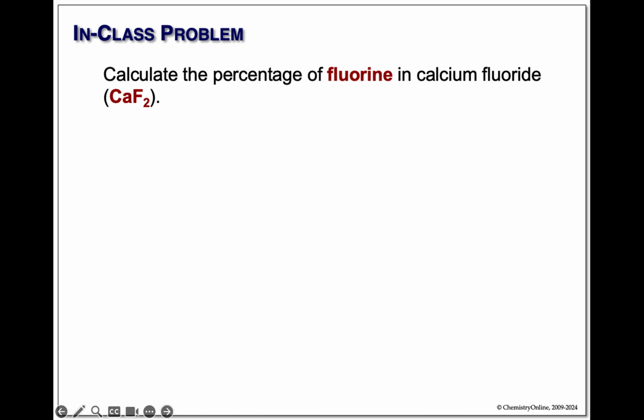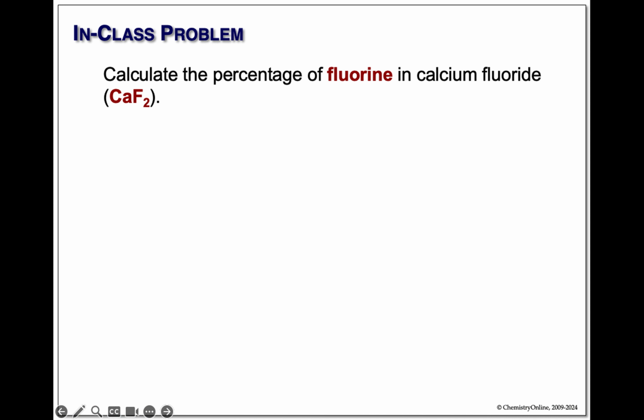If we have calcium fluoride, what's the percentage of fluorine? Calcium is group 2, so it's 2 plus, and this is 2 fluorines at minus 1 each.